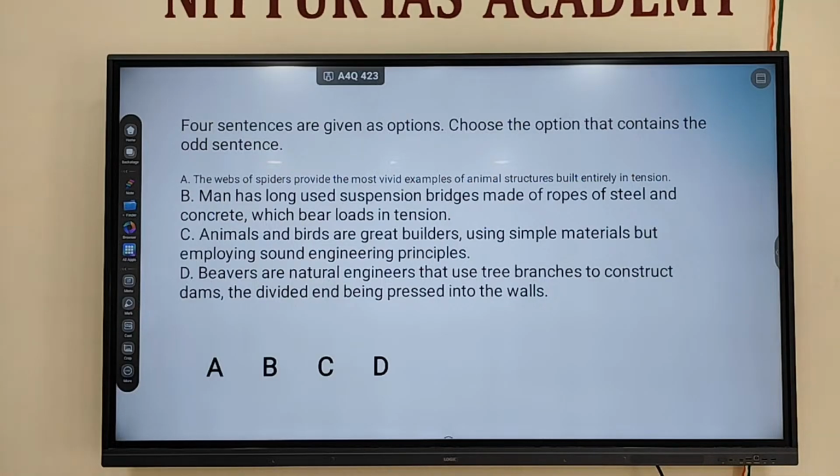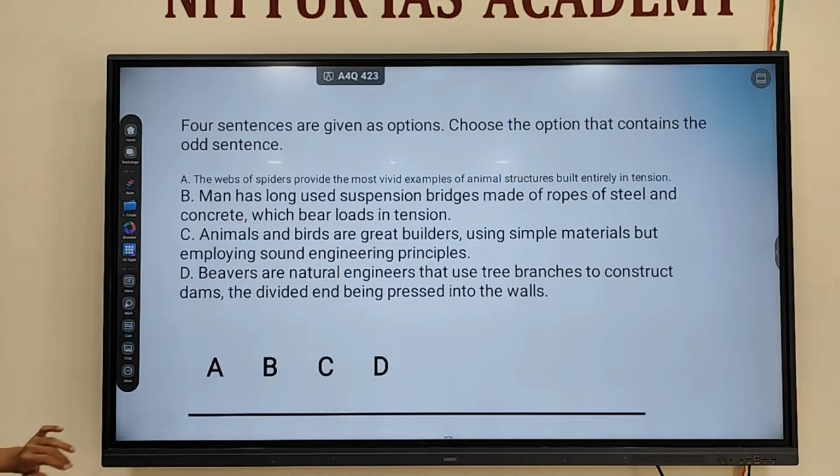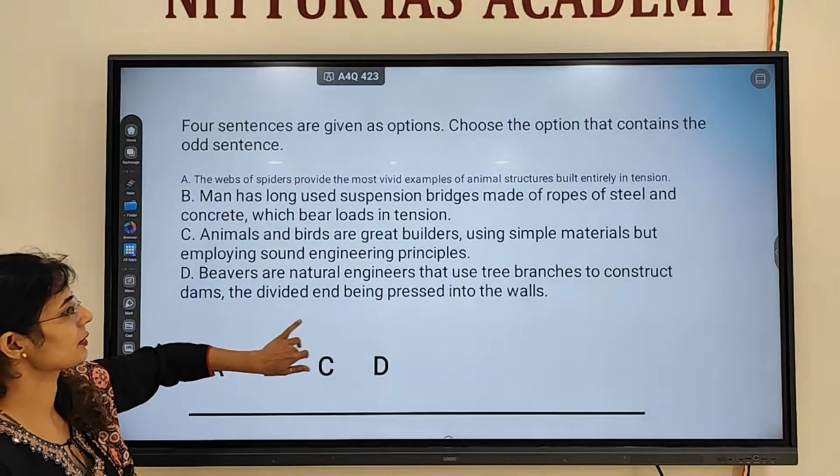Beavers are natural engineers that use tree branches to construct dams, the divided end being pressed into the walls. B, man, right? The rest of them are talking about the examples given. Examples are given about the animals except for B. B is talking about man. So animals, and spiders.